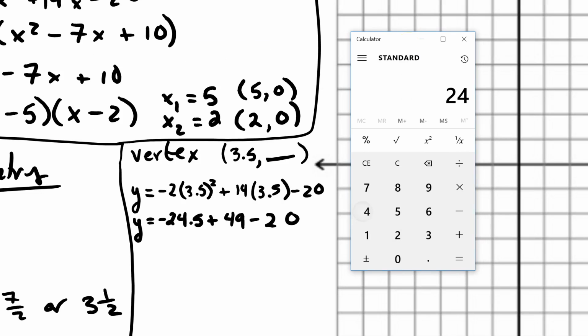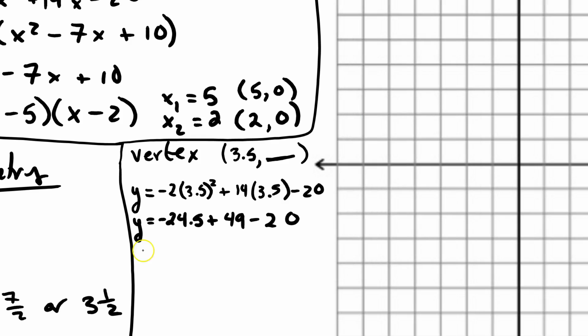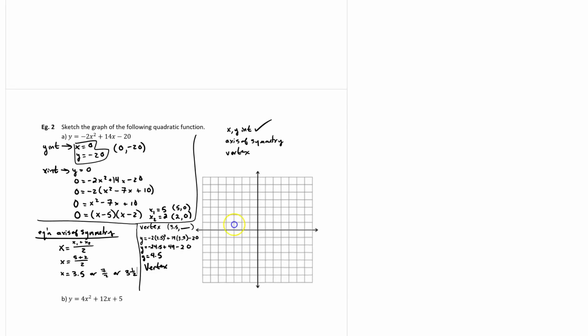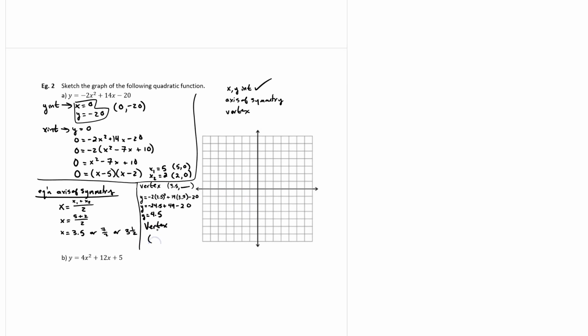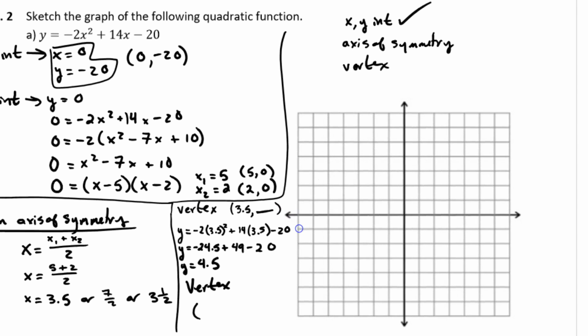So the y portion of the vertex is going to be 4.5. All right. So if I were to say my vertex using coordinate points, the vertex is at (3.5, 4.5). Great. So let's graph this thing.